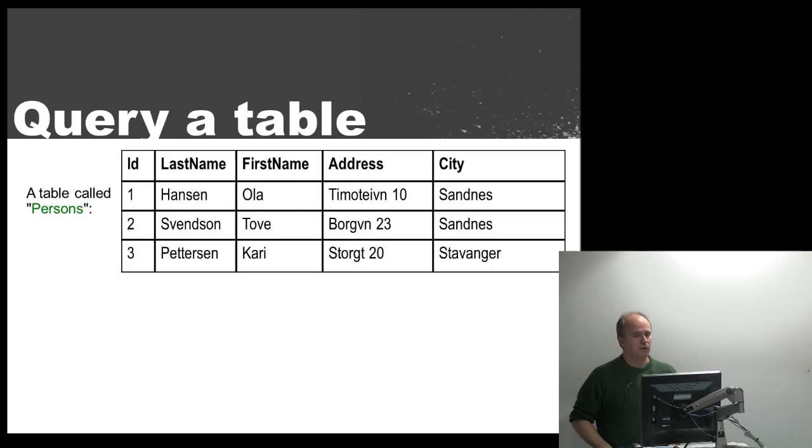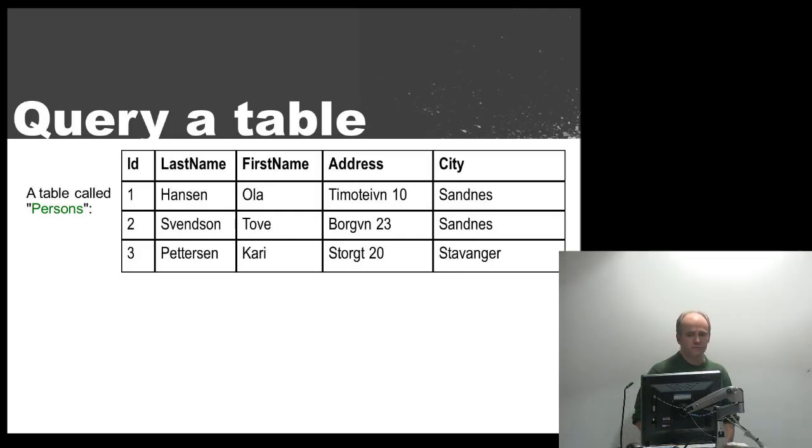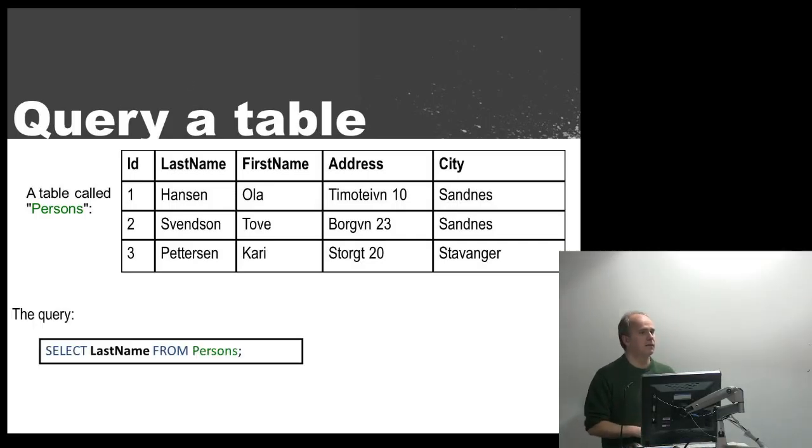Let's say that we have a table called persons. You have an ID, equivalent to your KUID, for example, and then last name, first name, address, and city. And you can write in MySQL a simple query like SELECT last name FROM persons.